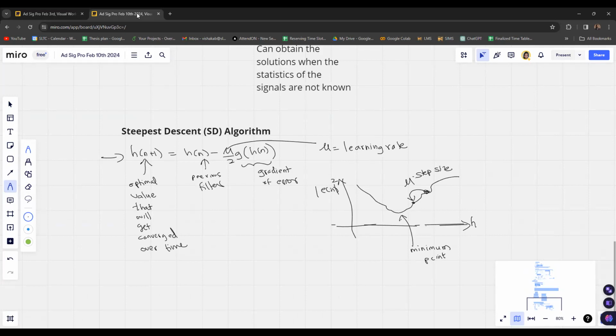The newest filter coefficient will be updated in the filter. So this filter coefficient will be updated into the filter.